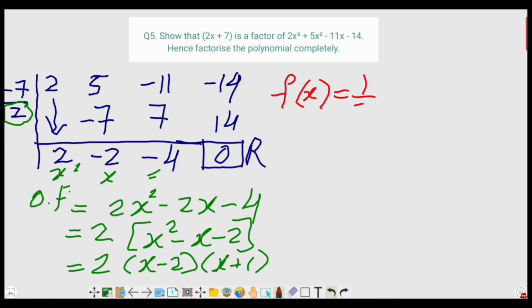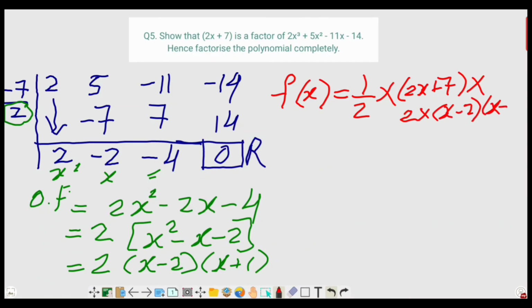So you have to take 1 by 2 into the factors. The very first factor I have proved, that 2x plus 7 is the factor. After that we got 2 into x minus 2 and x plus 1 from this other factor. So you will get this, both will get cancelled.